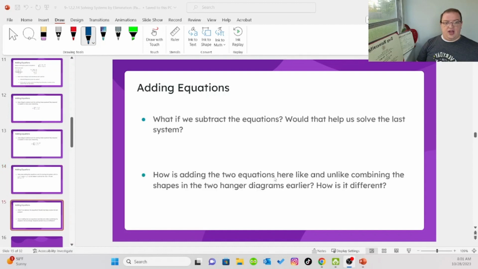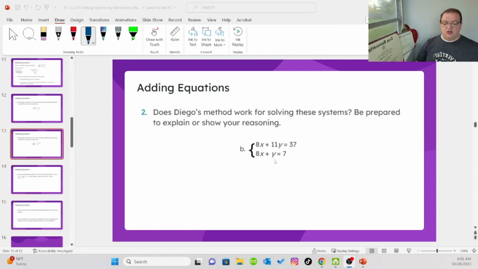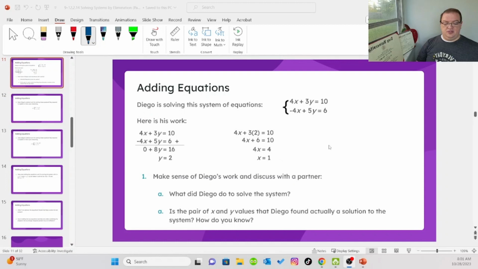What if we subtract the equations? Would that help us solve the last system? How is adding the two equations here like and unlike combining the shapes in the two hanger diagrams earlier? How is it different? So pause the video here, get with your partner, and see if you can answer these questions.